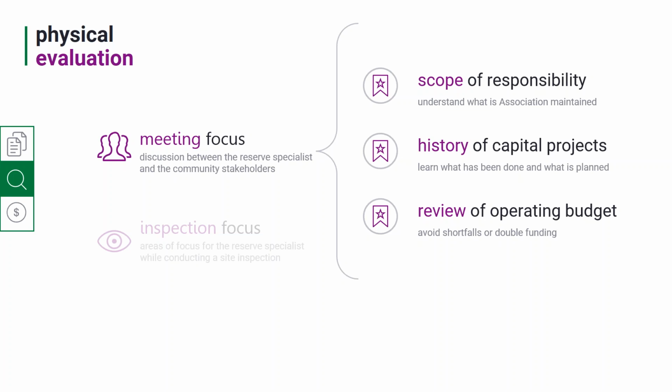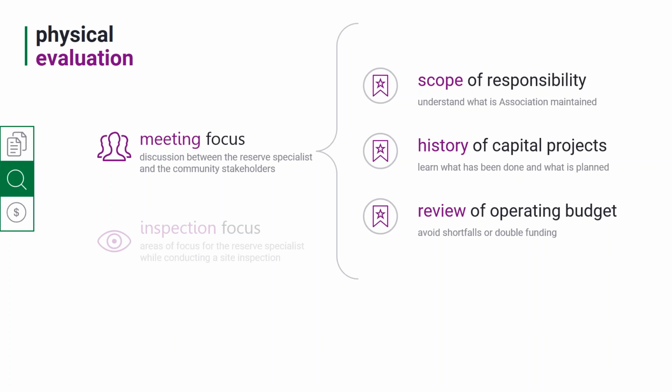But that meeting, what is being discussed? What is the purpose? What is the necessity of this meeting? First and foremost, it keeps coming back to this: this is the moment where a reserve specialist is clearly understanding and talking through with these stakeholders the responsibility.